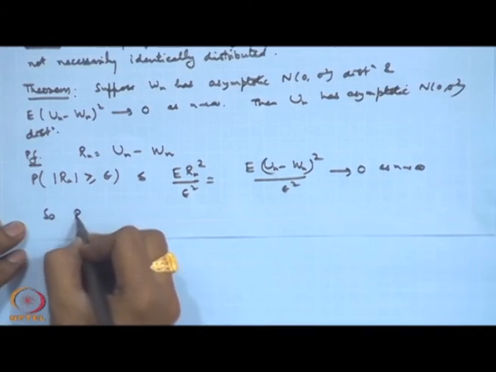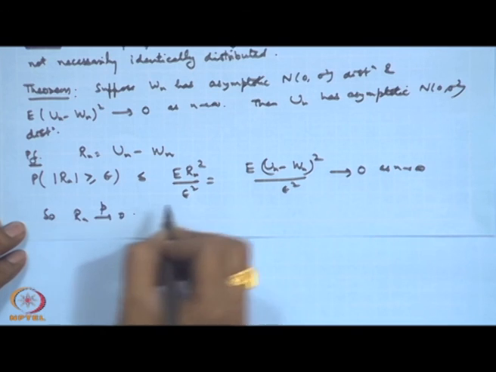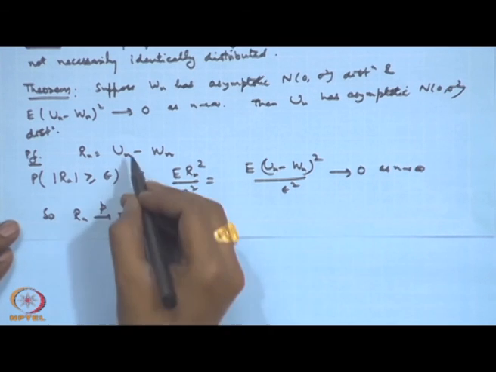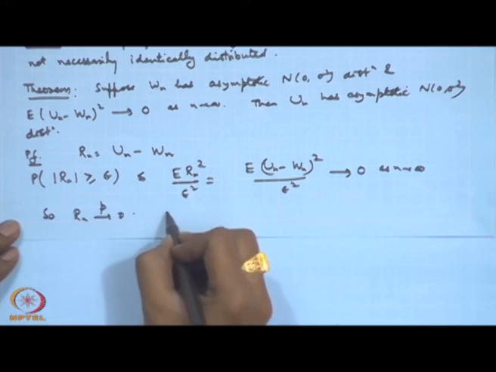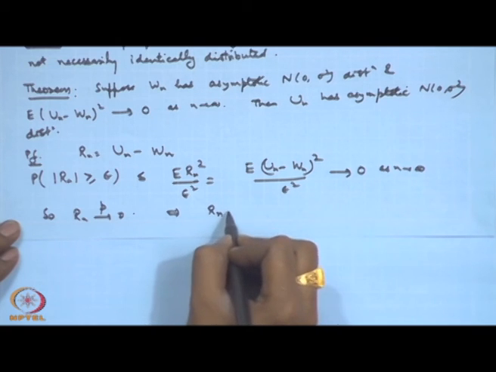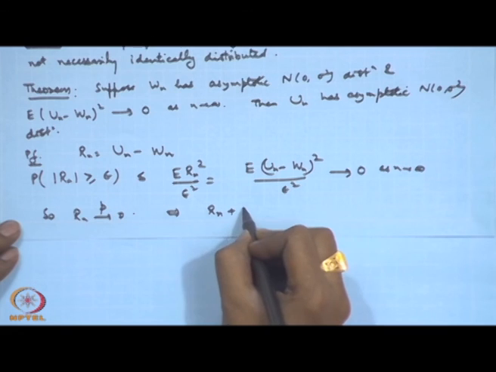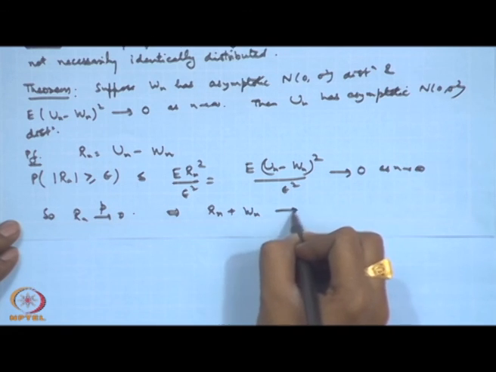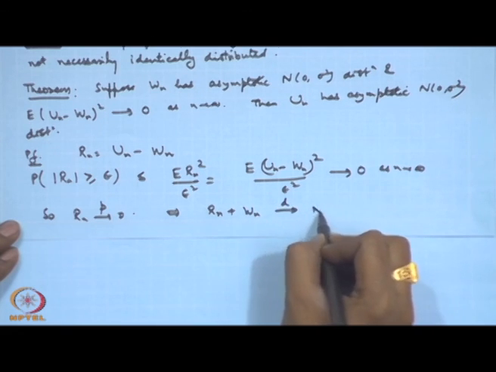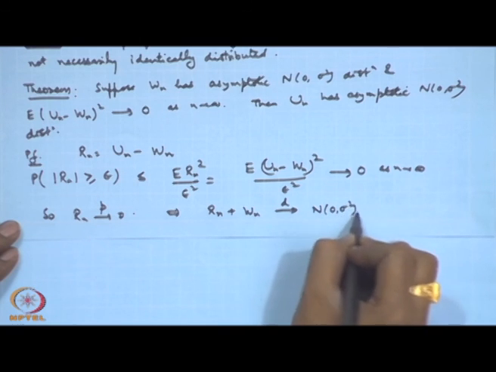So, this proves that R_n goes to 0 in probability. So, now you add it here, this implies R_n plus W_n will converge in distribution to normal (0, sigma square).